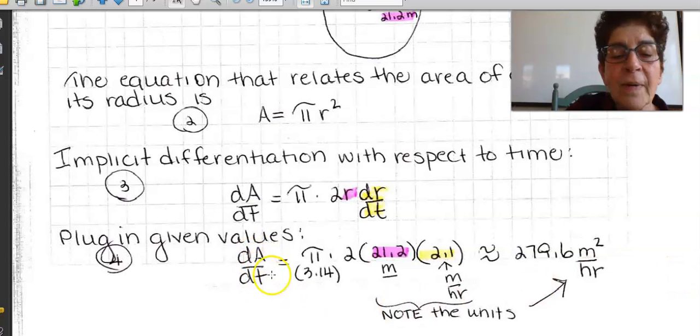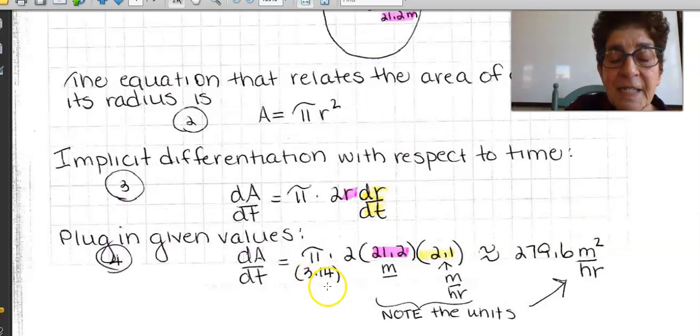Since this is already solved for dA/dt, I don't need to do any algebra to isolate that rate. So I'm going to approximate pi with 3.14. I'm going to plug in 21.2 meters for the radius and 2.1 meters per hour. I'm pointing out, note the units, so you can kind of see what the final units for dA/dt should be.